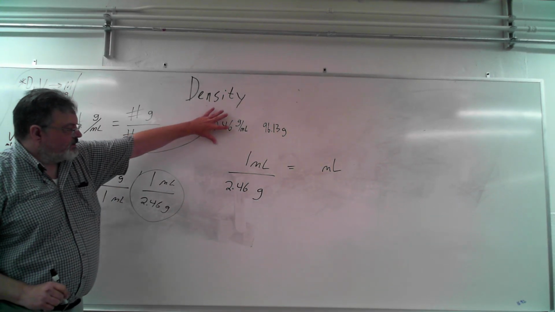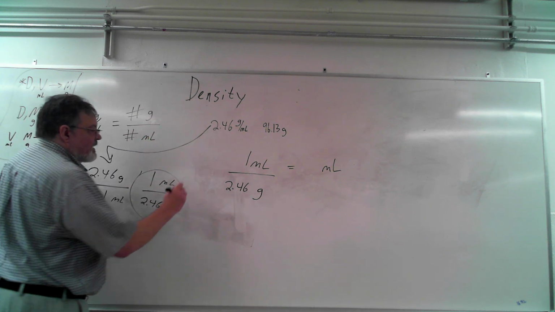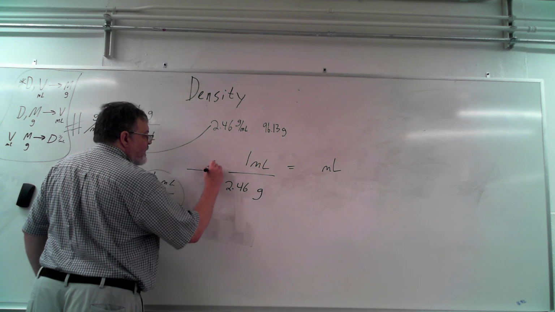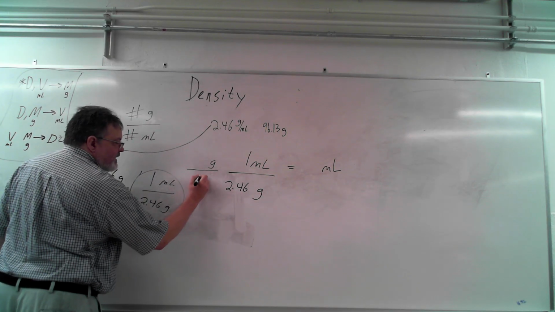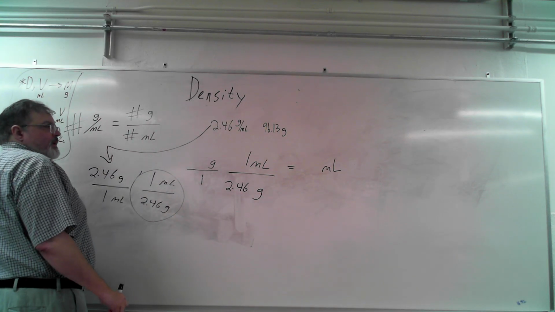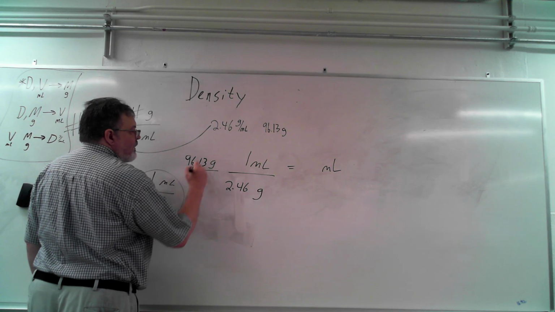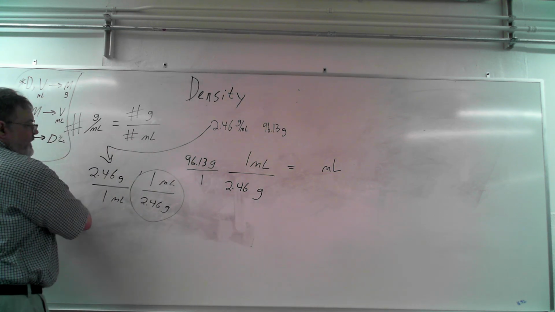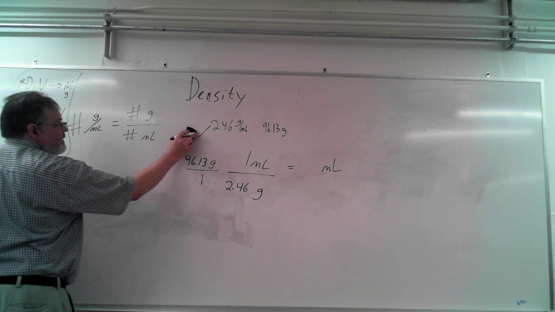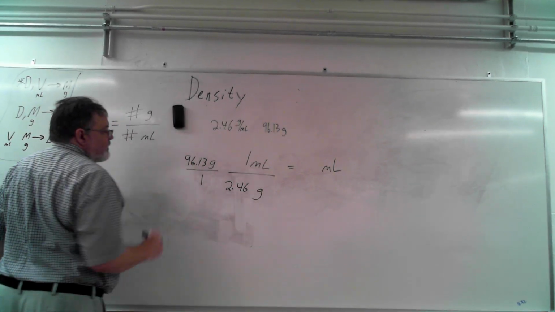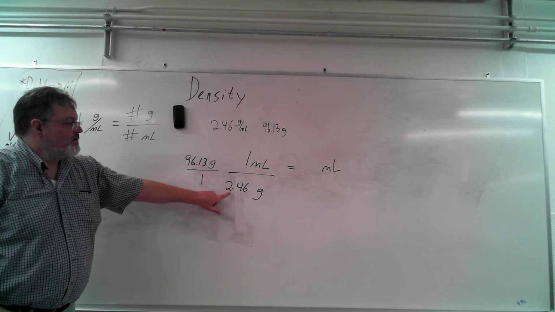Now I've used this, flipped over, and now maybe it's obvious. As long as I get grams up here, grams will cancel, and milliliters will be what's left. And I'll just put a 1 here, prop it up. That'll do it. And if you need to split it out, like I did before, you can, but this is essentially 96.13 divided by 2.46.